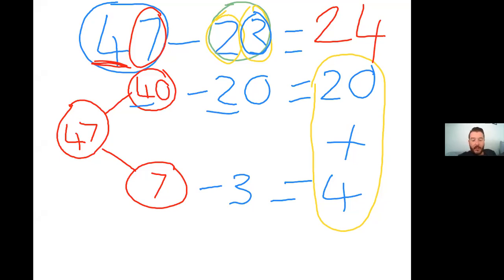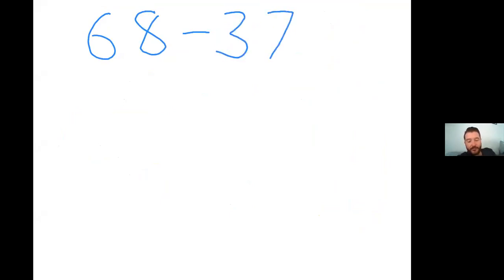I'm going to give you another look at an easy subtraction one, okay? So let's start another one. We are going to try this one. 68 take away 37.